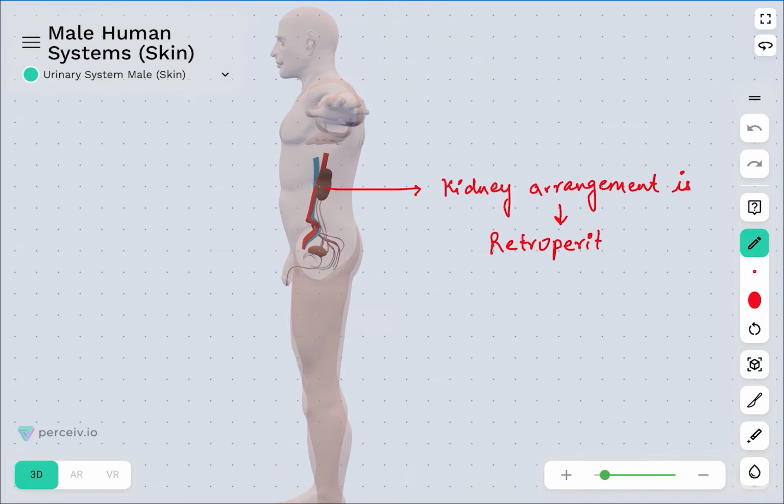This is the technical term given for the location of the kidney, which is closer to the dorsal inner wall of the abdominal cavity. So it is retroperitoneal.